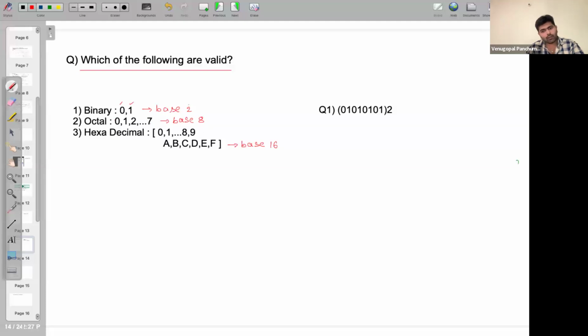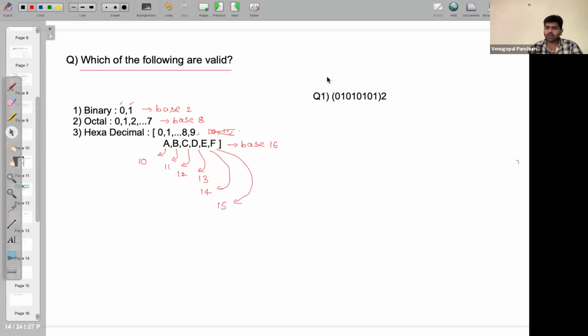Next, we don't have 10, 11, 12 and so on. So there is no 10, 11, friends. Instead of that, they have given letters. So A corresponds to 10, B to 11, C to 12, D to 13, E to 14, and F to 15. Now the question is, which of the following are valid?